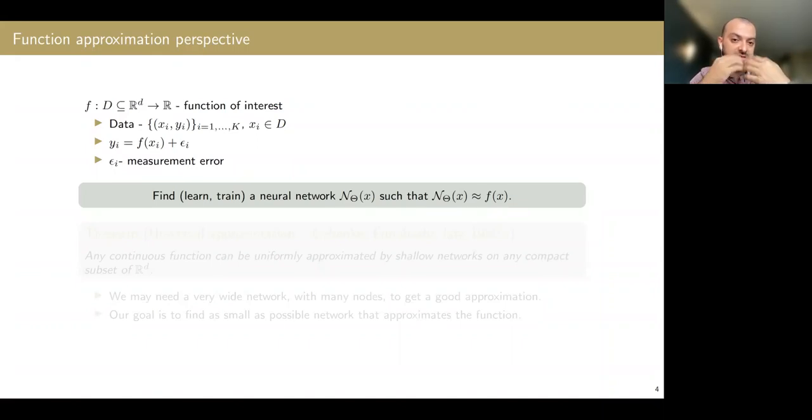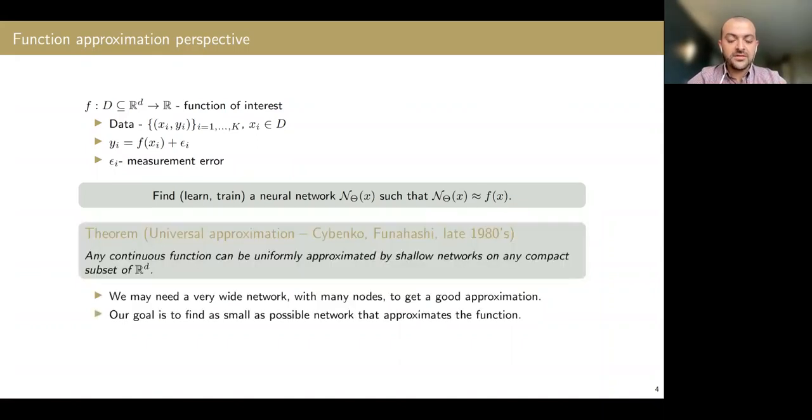There is this very interesting theorem, which was proved in the late 1980s, I believe independently, by these two authors, Cybenko and Funahashi. It says that any continuous function can be uniformly approximated by a shallow neural network on any compact subset of R^d with as much precision as we want.